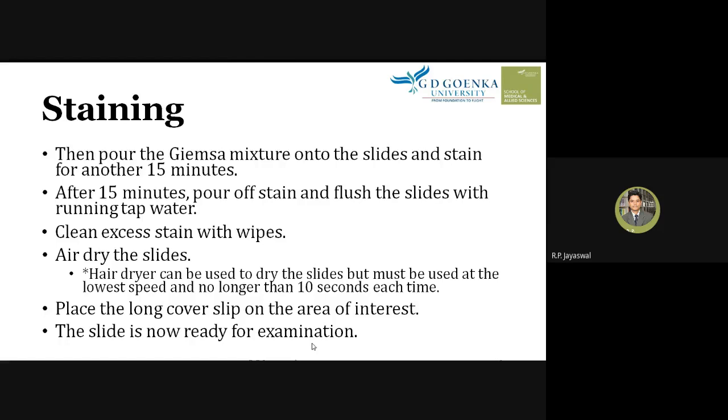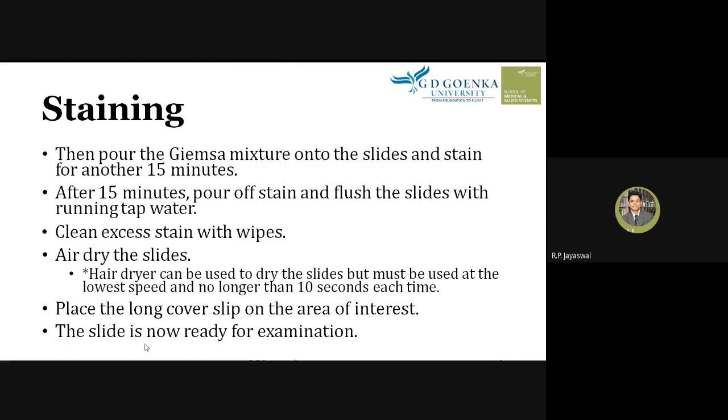And then after that we can do the air drying. If air drying takes a longer time, you can also use a hair dryer for not longer than 10 seconds. Once it is dried, we can place a cover slip over the smear area where you want to observe the cells.